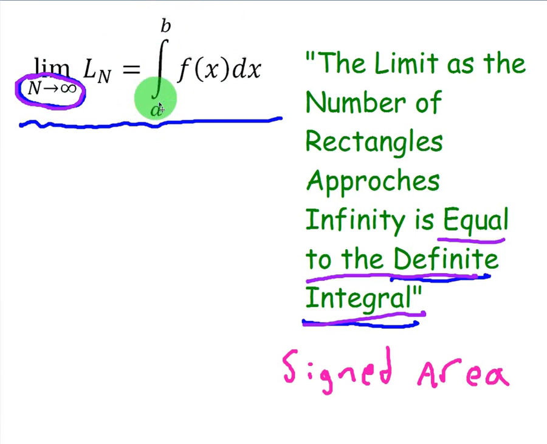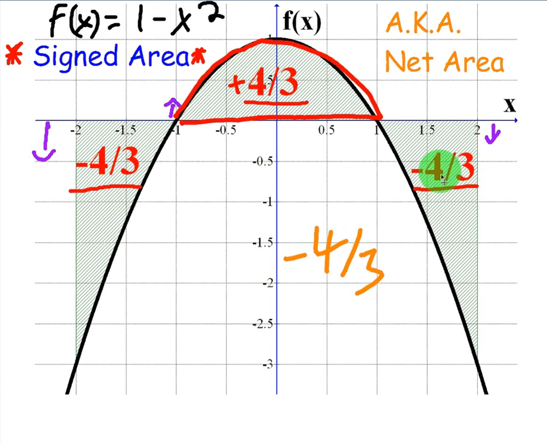And again, when you see this symbol right here, it means definite integral. What you need to be thinking about is the signed area, or the net area from a to b. And if we go back and look at our graph again, this is exactly what we're talking about. Our a is -2, our b is 2 in this case. And our signed area would be adding these three areas up, considering these ones on the bottom negative.